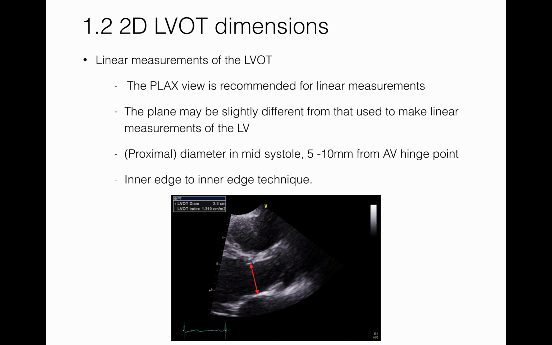A proximal LVOT diameter is measured in mid-systole, 5 to 10 millimeters inferior to the aortic valve hinge point. Measurements should be made observing an inner edge to inner edge technique.